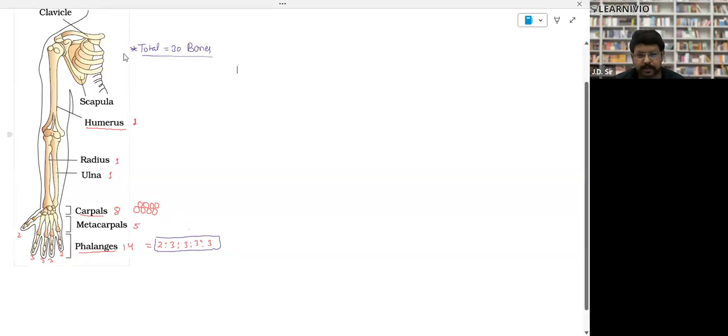So 2 questions have been asked. How many bones are there, right? What is the phalangeal formula? So phalangeal formula is 2:3:3:3:3:3. Note down phalangeal formula.